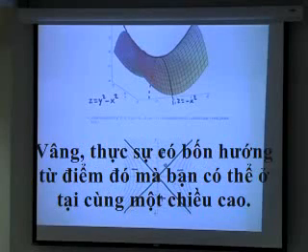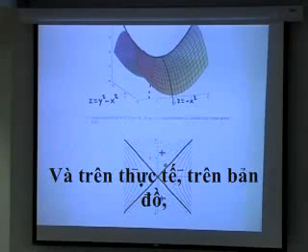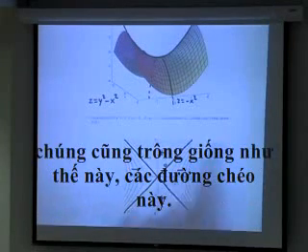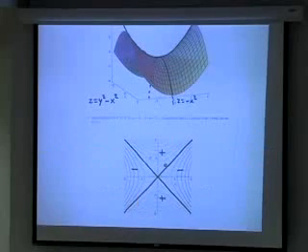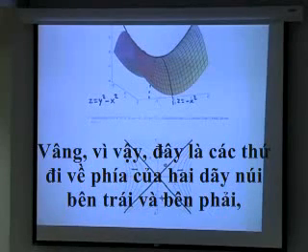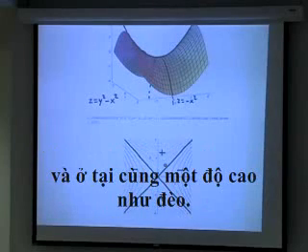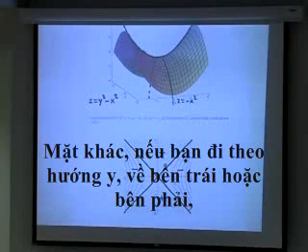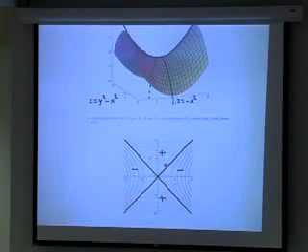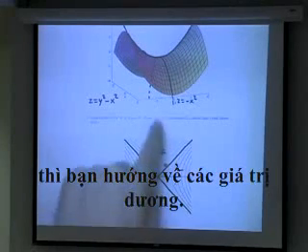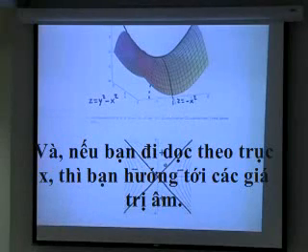Well, there are actually 4 directions from that point that you can go staying at the same height. And on the map, they look exactly like these two crisscrossing lines. These are things that go on the side of the two mountains that are to the left and right and stay at the same height as the mountain pass. On the other hand, if you go along the y direction, to the left or to the right, then you go towards positive values. And if you go along the x-axis, then you get towards negative values.